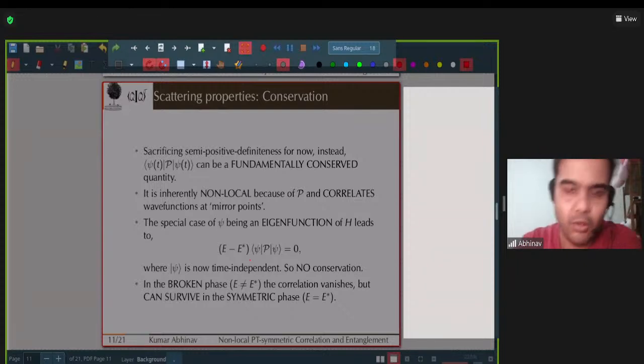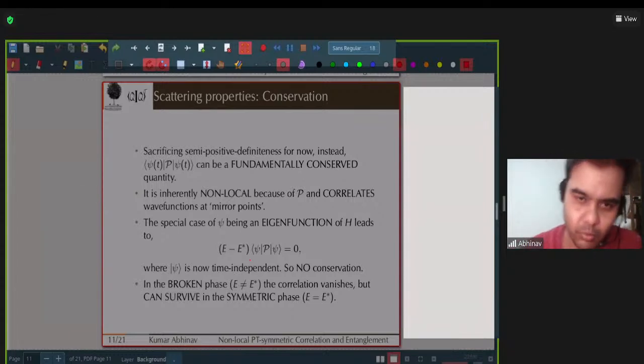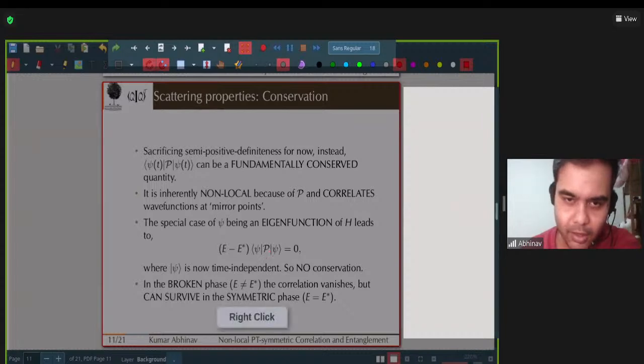Okay, with that idea, by construction this quantity is non-local. And just a detour: if you consider eigenfunctions psi of the Hamiltonian, in that case you don't end up with a conservation, rather you end up with a two-layer condition: either the energy is real, which is the case when PT symmetry is preserved, then you cannot say whether this scalar product is zero or non-zero.